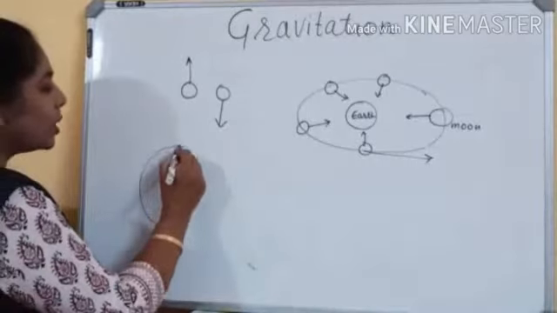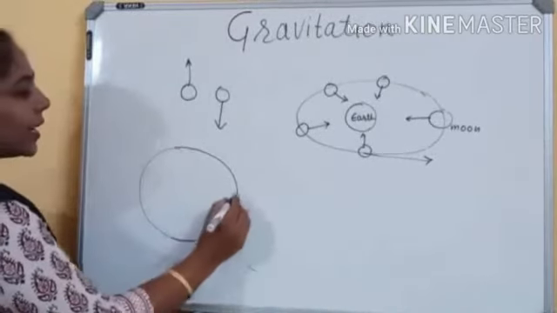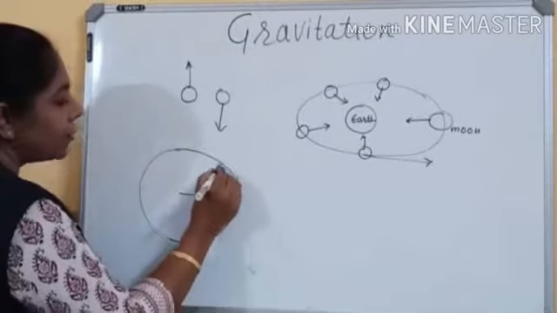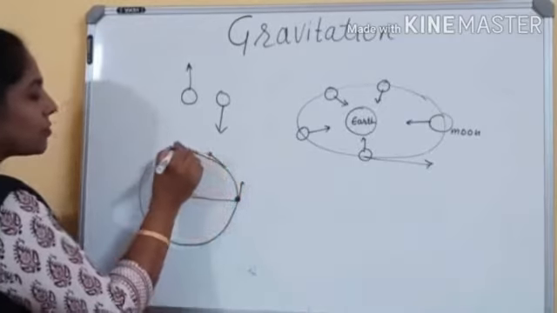So what will you observe? The stone moves in a circular orbit. This stone will move in a circular path with some speed, but the direction changes every time. At every point the direction changes.